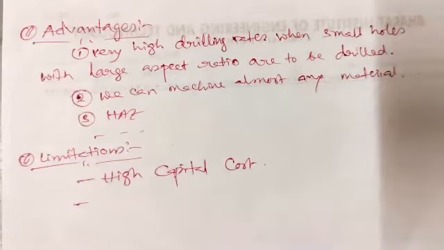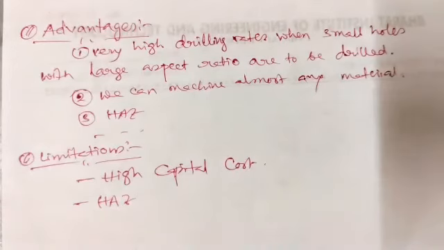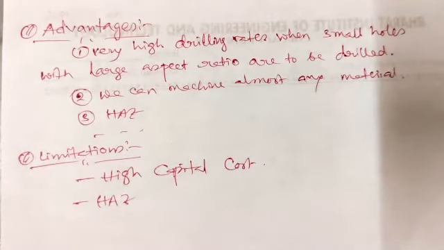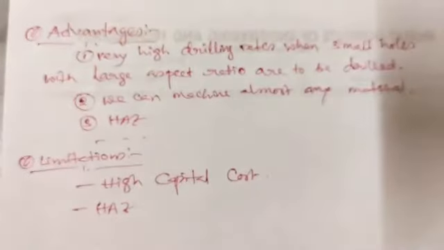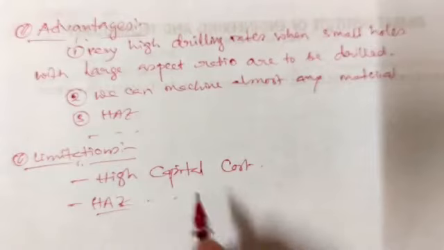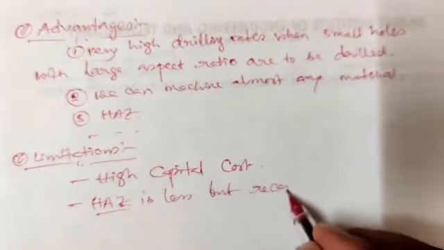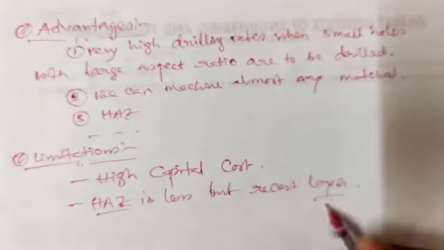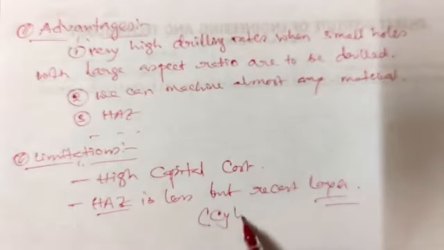Then another thing is the heat affected zone. The heat affected zone is less, but the problem is, I have shown in this diagram the recast layer, which cannot be completely ignored. HAZ is less, but the recast layer will lead to cylindricity error.